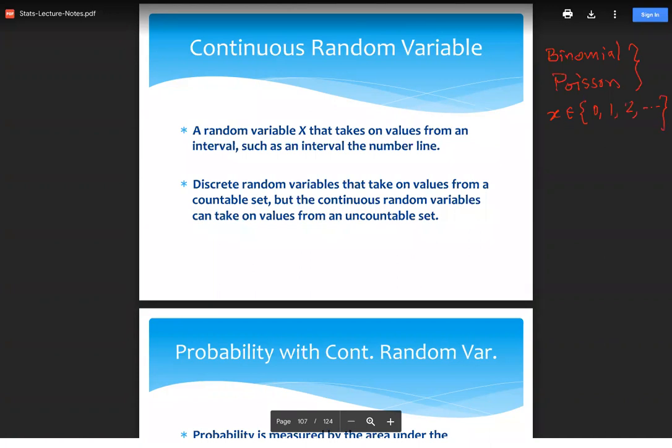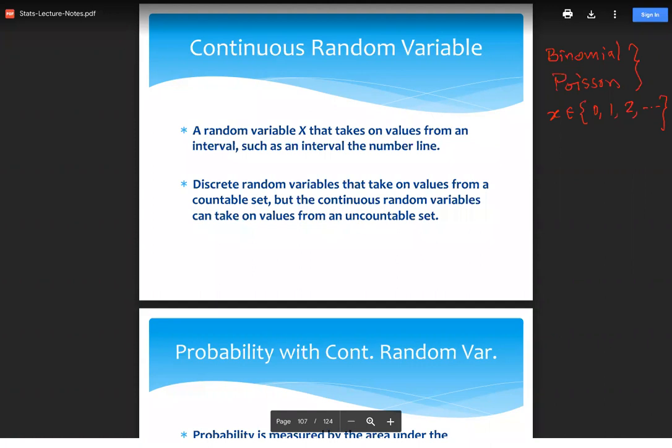That's the discrete case. Now, there are scenarios where your random variable is continuous, meaning that it takes on value from an interval in the number line. So we have probability distributions that we'll talk about that involve continuous random variable as opposed to discrete random variable.